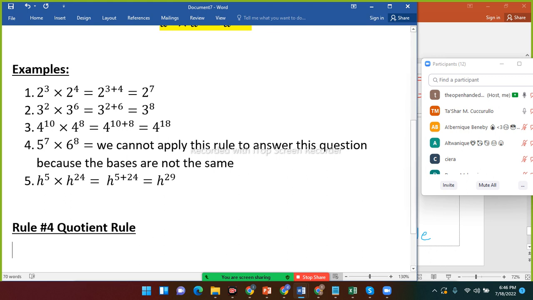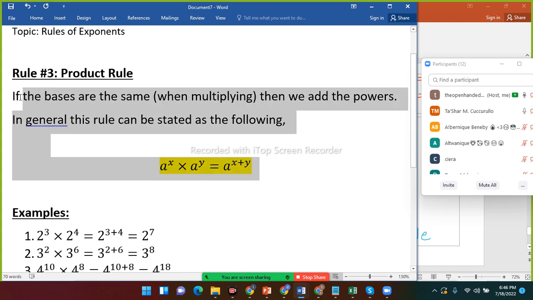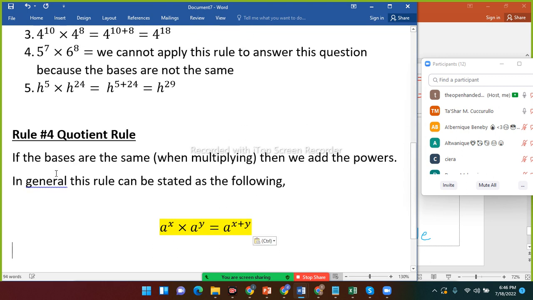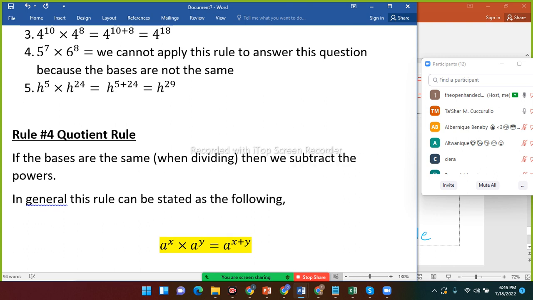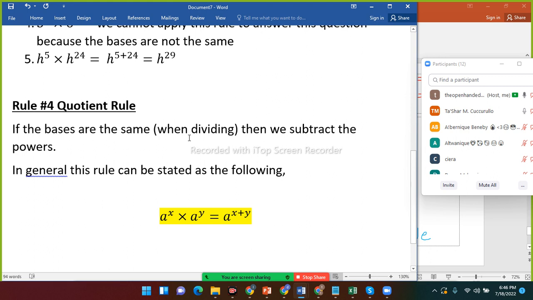And so the quotient rule, very similar to the product rule, says the following: if the bases are the same when dividing, then we subtract the powers.